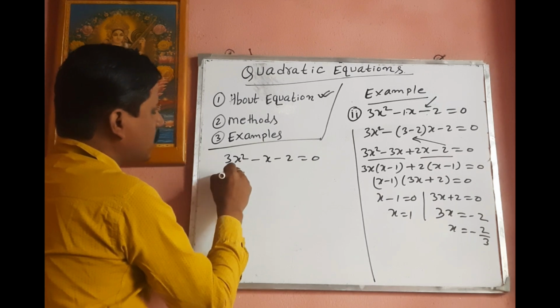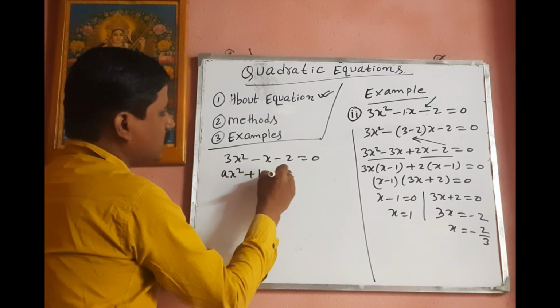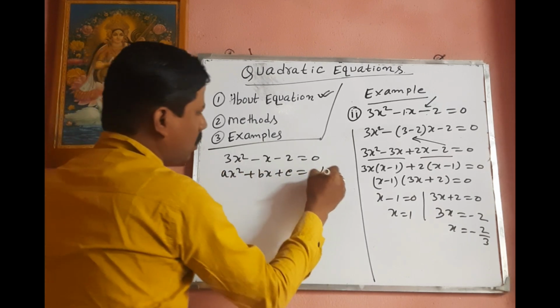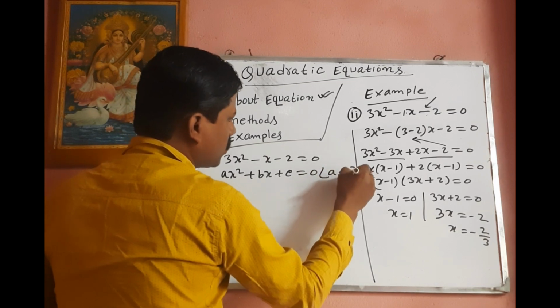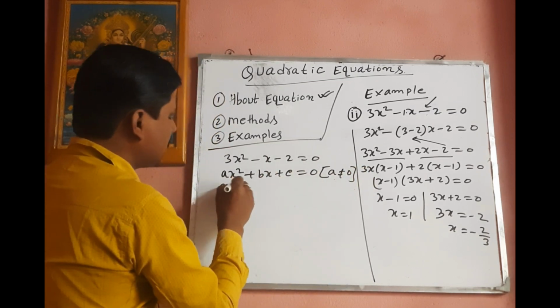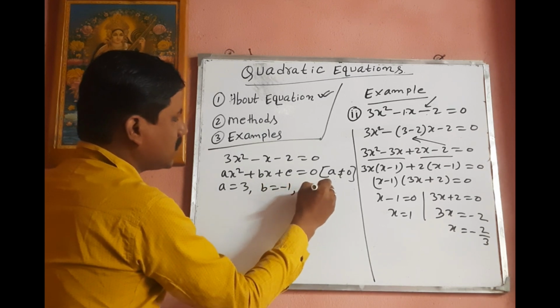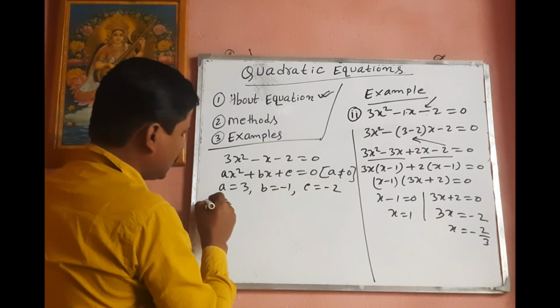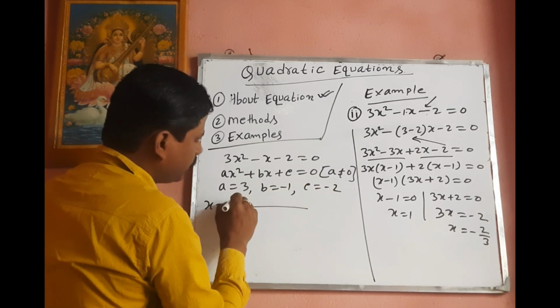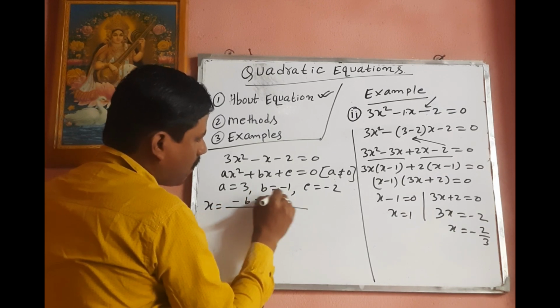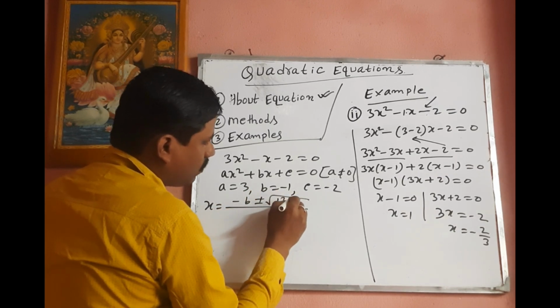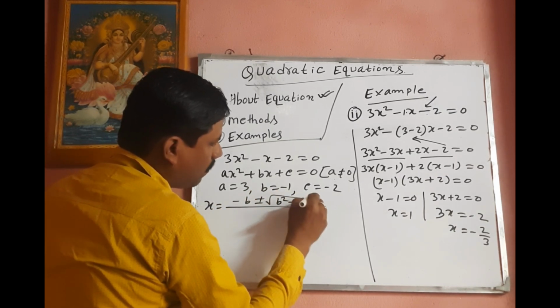And this will be compared with ax square plus bx plus c is equal to 0, whereas a is not equal to 0. Here a is equal to 3, b is equal to minus 1, c is equal to minus 2. That is x is equal to minus b plus minus root under b square minus 4ac by 2a.